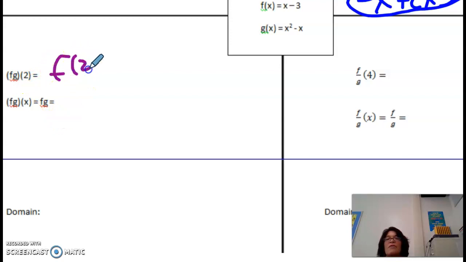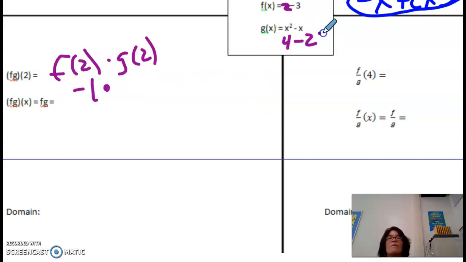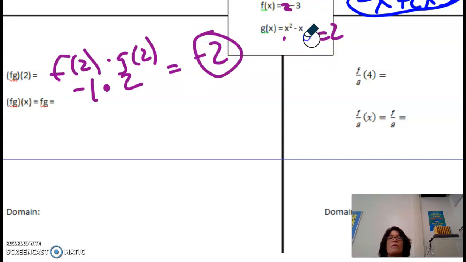I'm taking f of 2 times g of 2. So f of 2, let's see, I put 2 in for x. 2 minus 3 is negative 1. g of 2, 2 squared is 4, minus 2 is 2. That's negative 1 times 2. So f times g of 2 is negative 2.